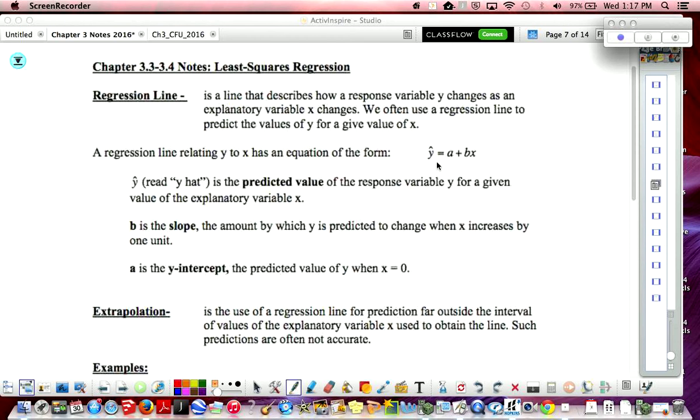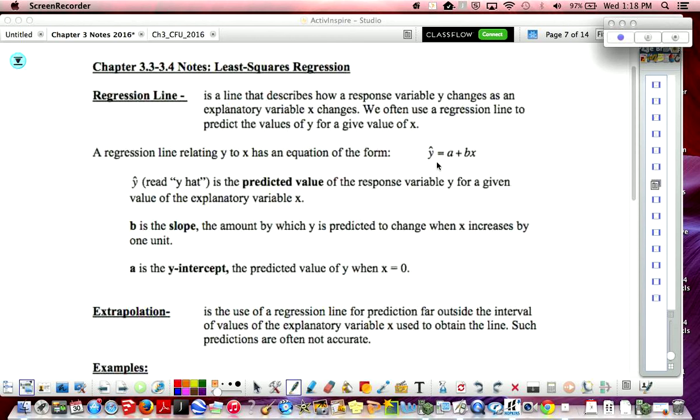So yesterday we talked about correlation coefficient r and how that helps us measure the strength and direction of a linear relationship. So now we're going to take that linear relationship to yet another level, and we're actually going to talk about its equation. Okay?